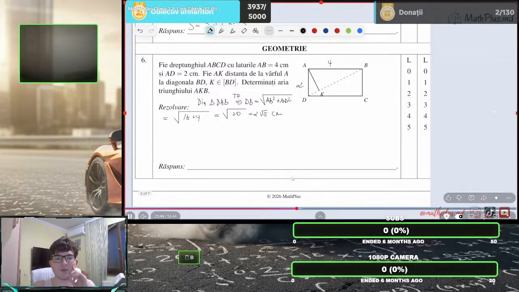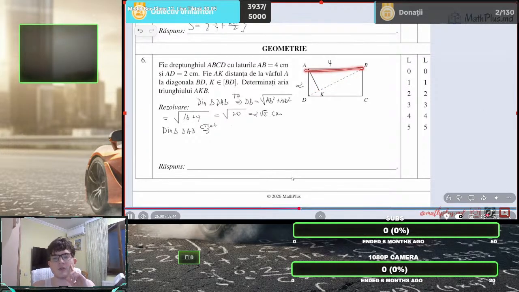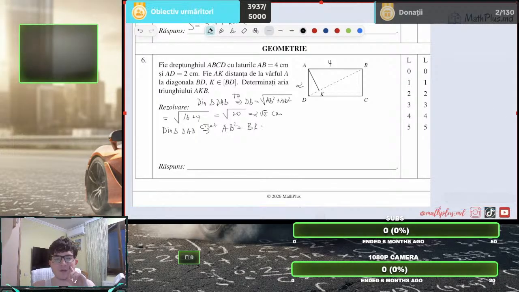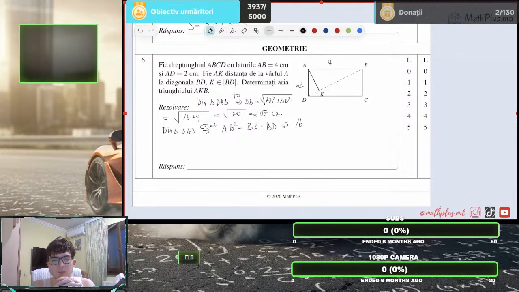And now what can we do? In triangle DAB, another theorem here. AB to the second power is going to be BK to the second power times BD. Well, I kind of remember this theorem, so I guess it's not that advanced.